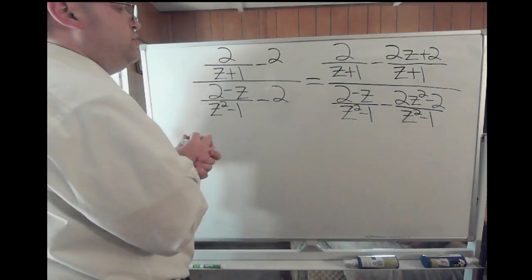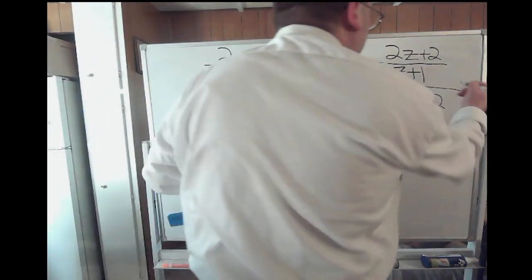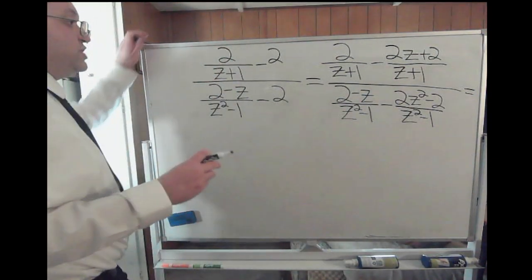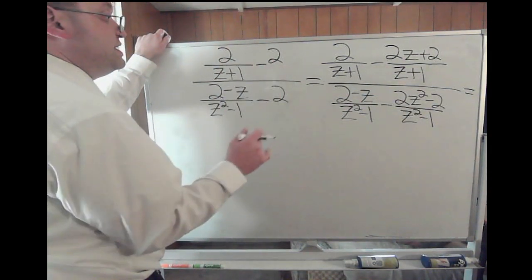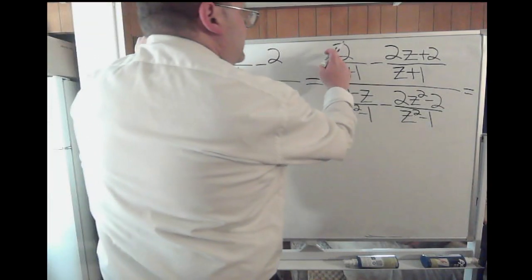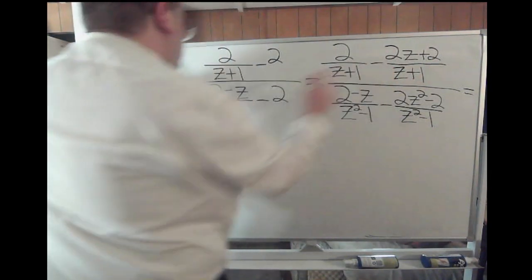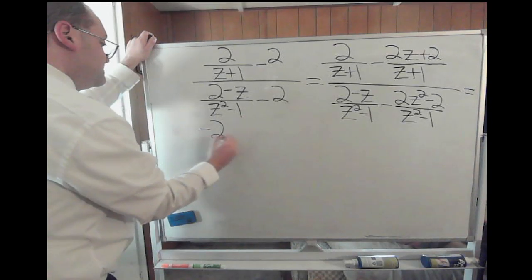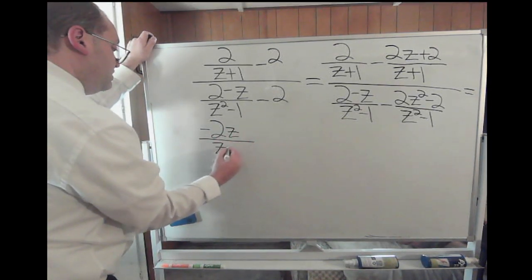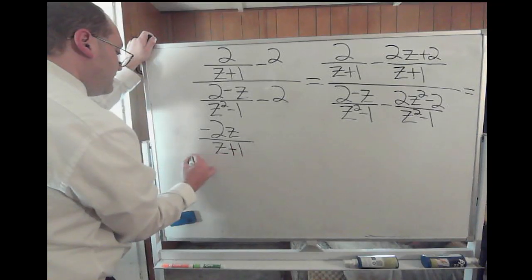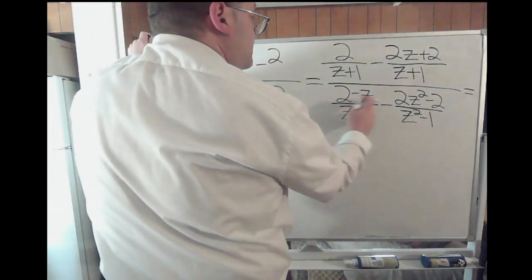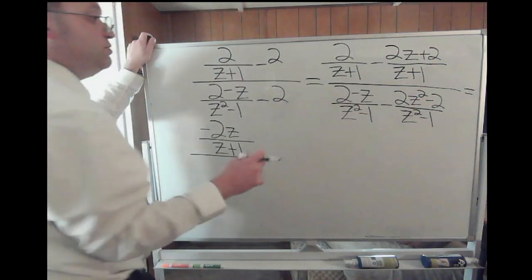So now, in each of these, we can go ahead and add and subtract these fractions in the numerator and denominator. So, let's see, 2 minus 2 is 0. You would just end up getting negative 2z all over z plus 1. That all over, let's see, 2 minus negative 2, well, we'll deal with that in a second.